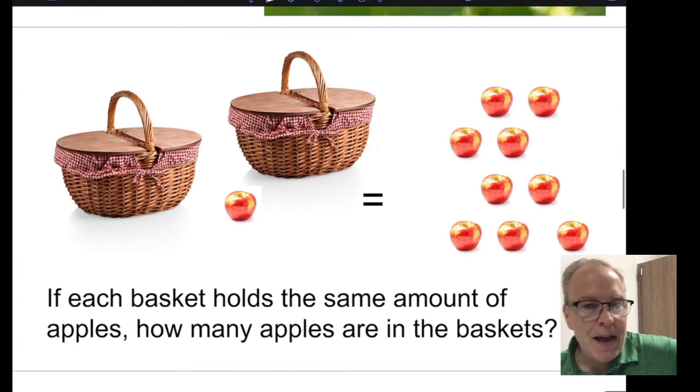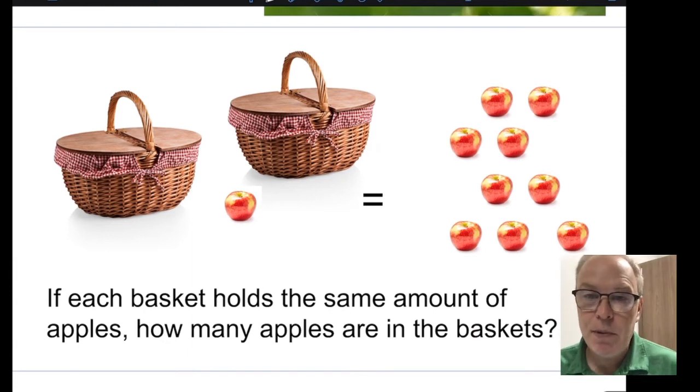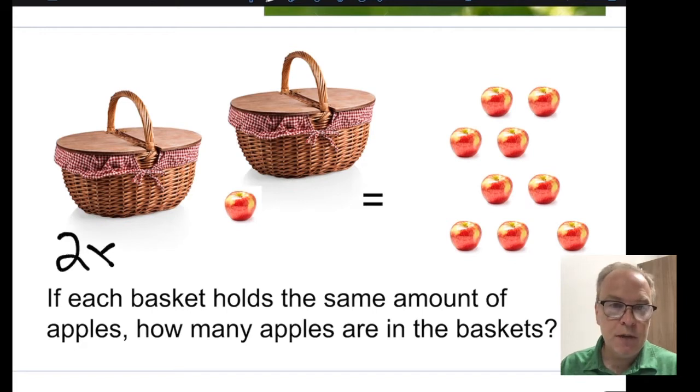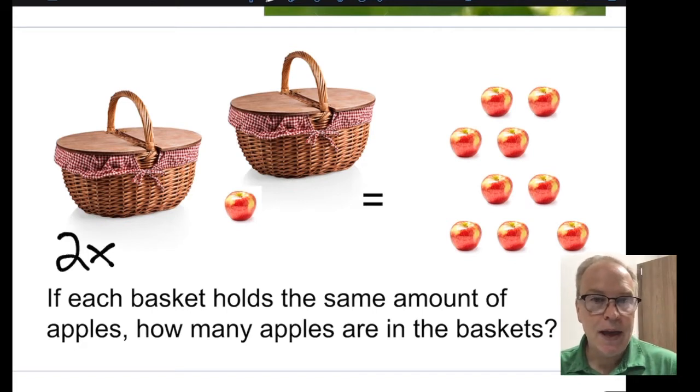So if each basket, this is like a little number riddle here, if each basket holds the same amount of apples, how many apples are in the baskets? All right, these are one of my favorite analogies here because the baskets represent a variable, x, and there's 2 baskets there. So there's 2 multiples of something, 2 times x.